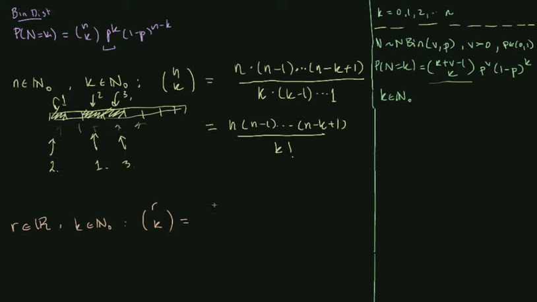It's defined as r multiplied by r minus 1, and so on, until r minus k plus 1, divided by k factorial. And the funny thing is that by defining the binomial coefficient in general in this way, a lot of the nice results that we have are still preserved.